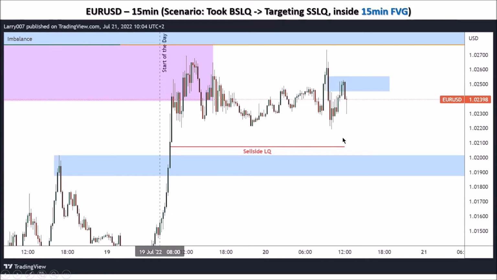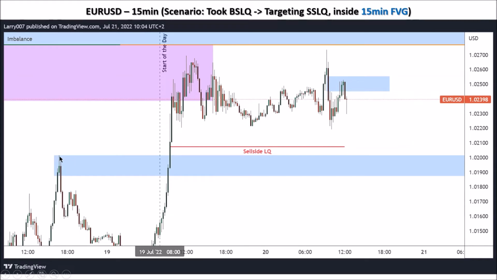However, I don't want to buy from anywhere, you know. I don't want to buy inside this range or inside this manipulating range or this accumulation, call it what you want.